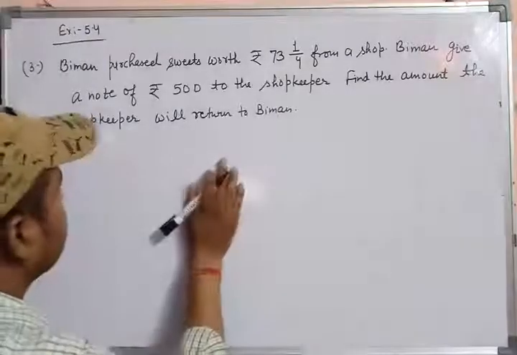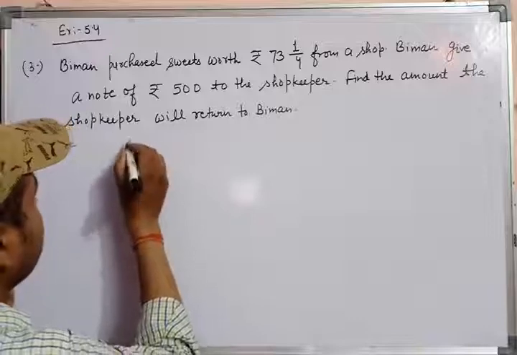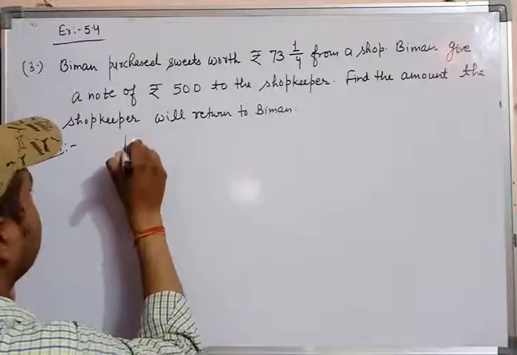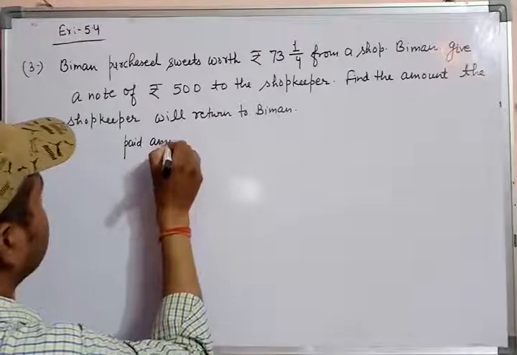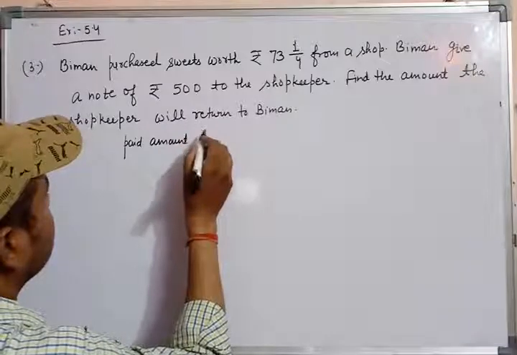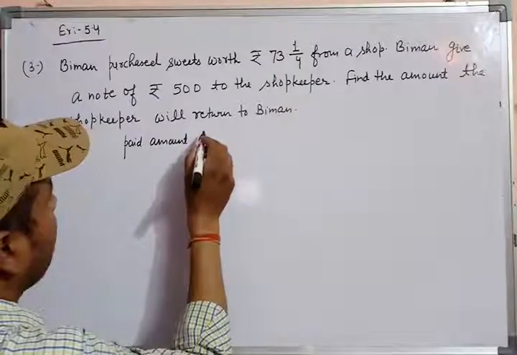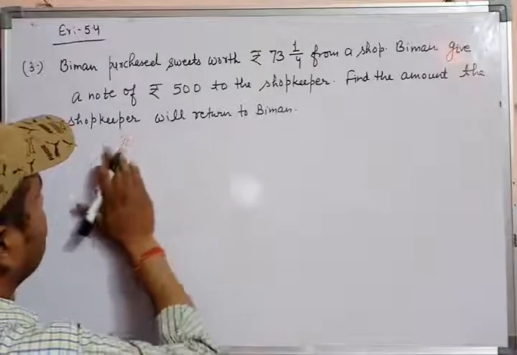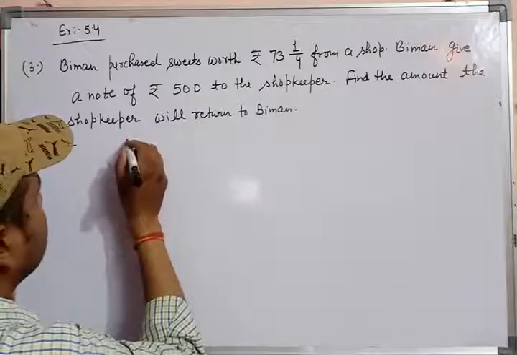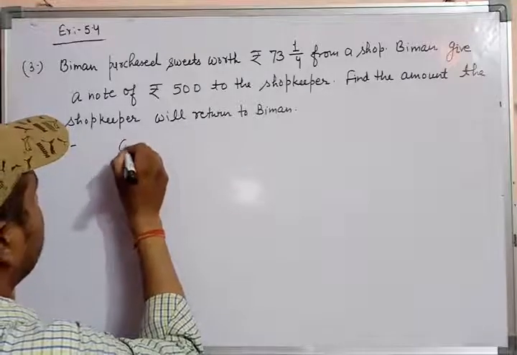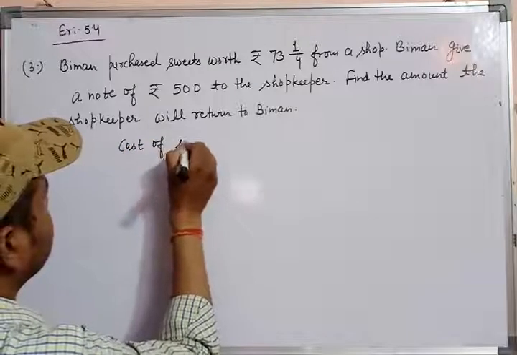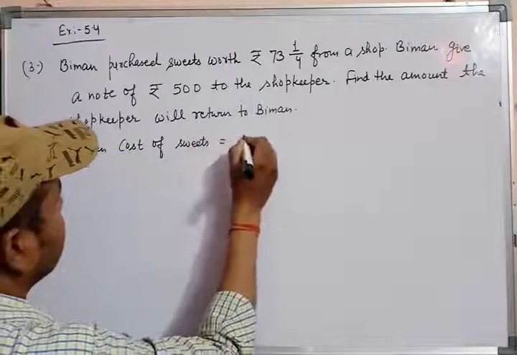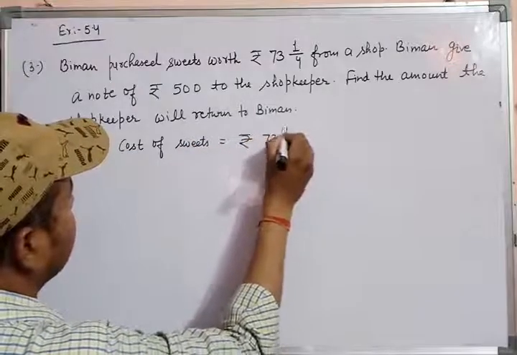So I am writing here: paid amount, cost of sweets given. Cost of sweets is equal to rupees 73 and 1/4.